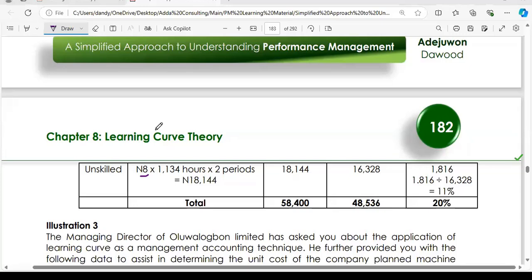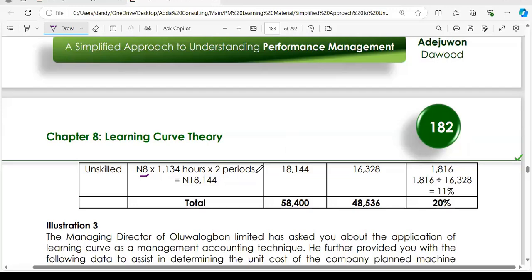I have a question, sir. What's your question? You said that if they are going to produce the second batch of 32 in the next period, it means that they'll have to start all over again. So I'm wondering why we are still using 1,134 hours in the next period. Hold on.